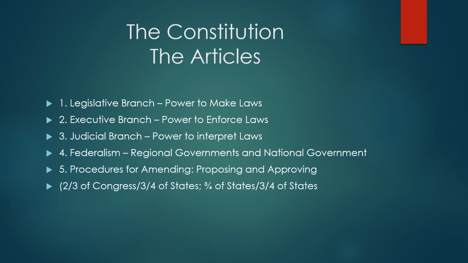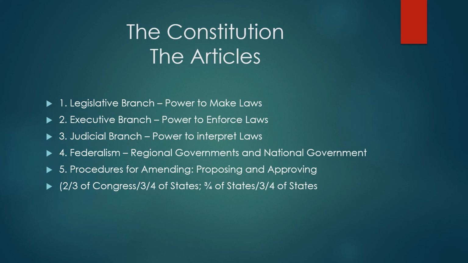Article 5 creates the procedures for amending the Constitution. Remember, one of the flaws in the Articles of Confederation was there was no way to amend that document. The Constitution that we wrote in 1787 has a two-step process for amending. Someone has to propose an amendment, and then there's a process for approving the amendment.